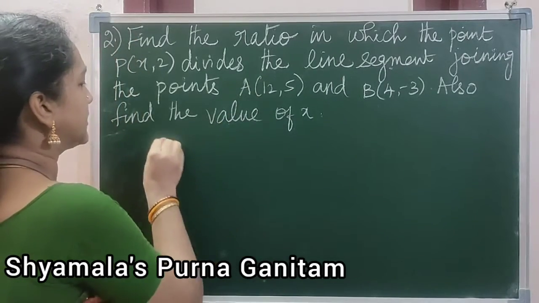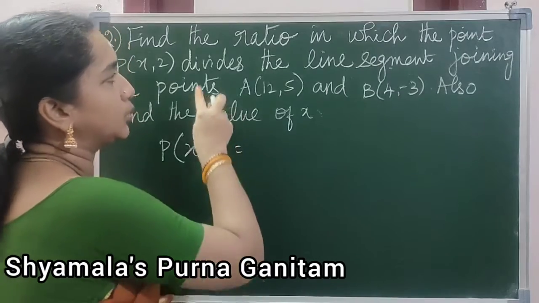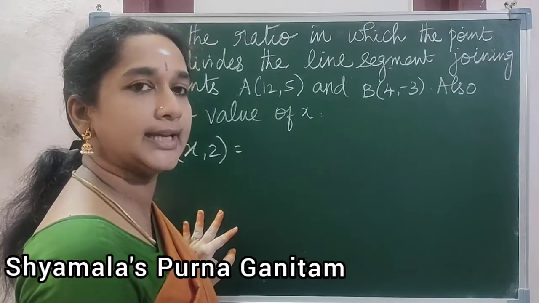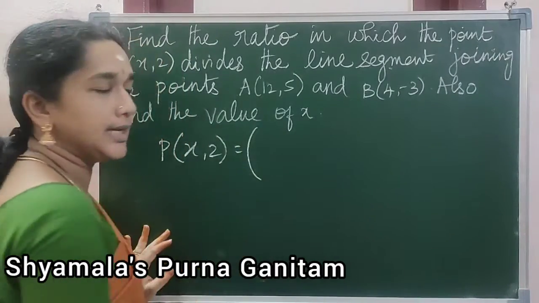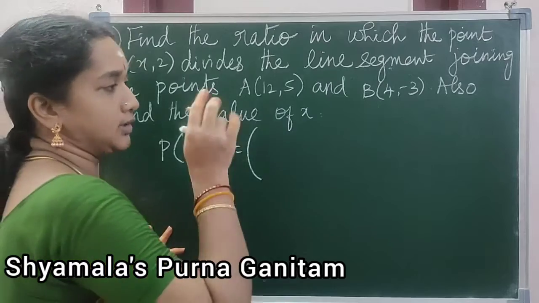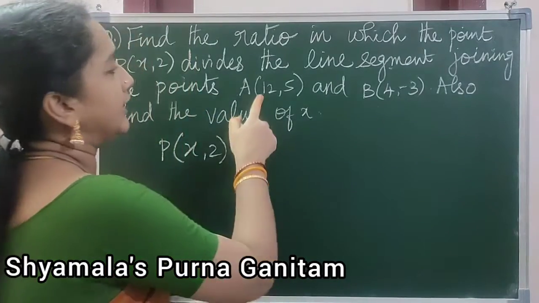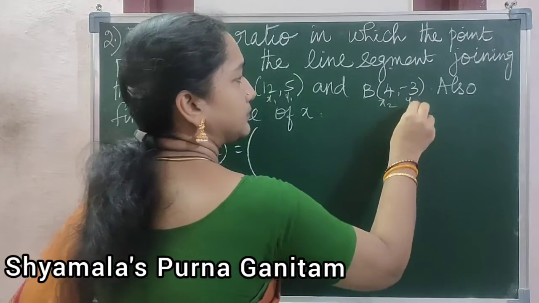So we will use the question given: P(x, 2). Since the ratio you are asked to find, as I told you, we can take it as k is to 1 ratio. So m1 and m2, you are taking it as k is to 1. And this one is x1, y1 and this is x2, y2.